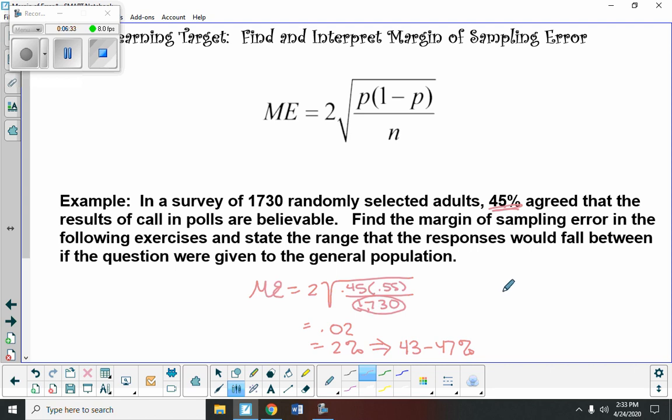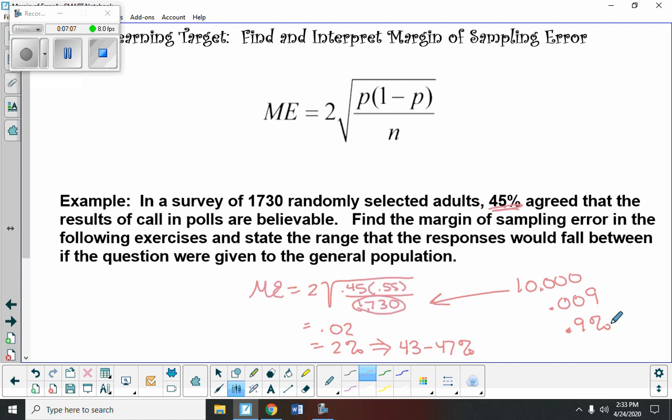If I took this problem and put 10,000 into the denominator, interviewing 10,000 people, you would get 0.009, which is 0.9%. So it's not even 1%. It definitely decreases it. This was 2%, and this is not even 1%. So the more people you ask, the smaller the margin of error you have.